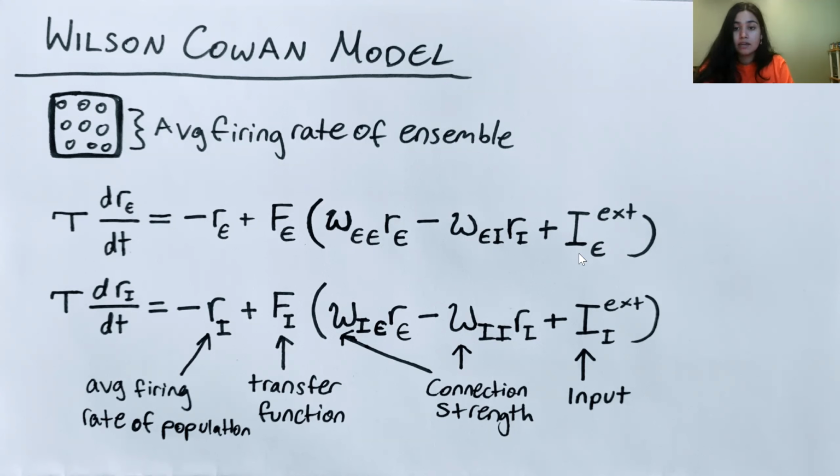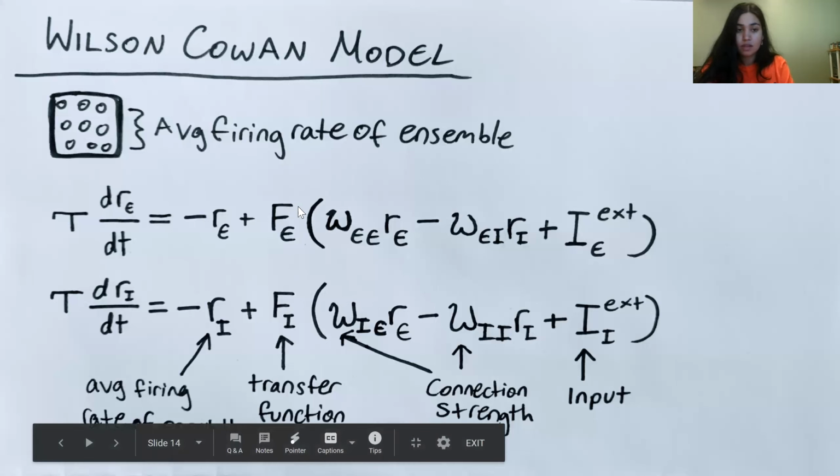And then this represents the external input into this system. So basically, this can plot the relationship between the inputs to the population and the output firing rate, also known as the transfer functions, for both of these populations.